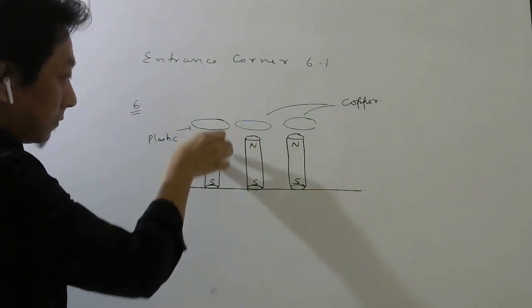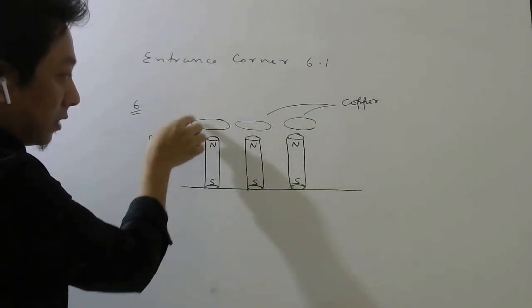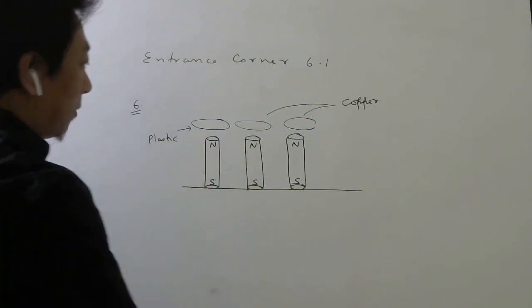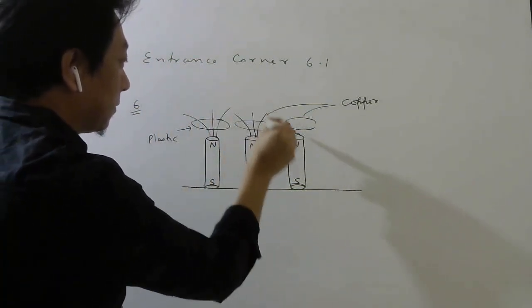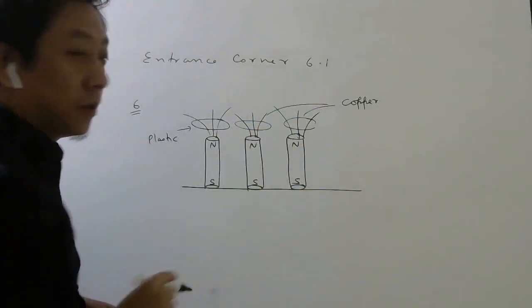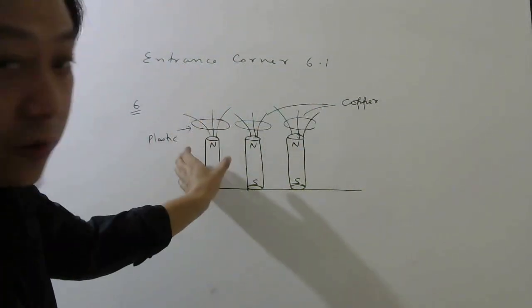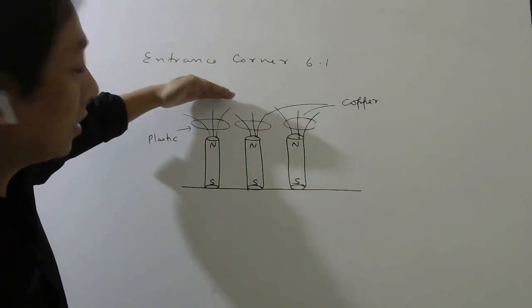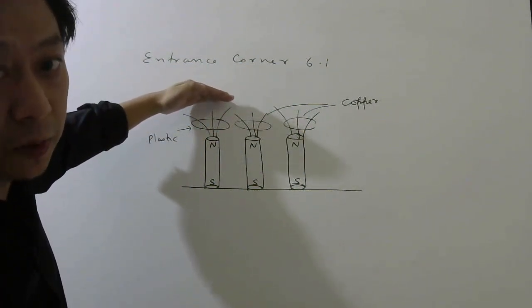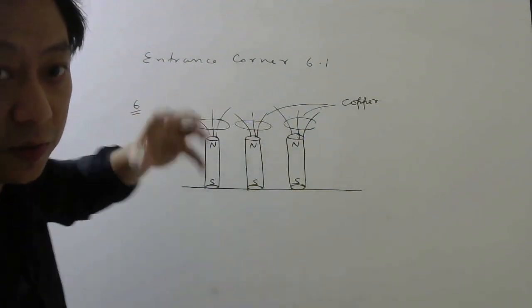As this loop is falling, the magnetic field lines will go like this. Here also, here also. As the conductor is moving, the flux will change, because initially when the loop is here, the magnetic field is weak. When it is coming closer, the magnetic field is increasing.